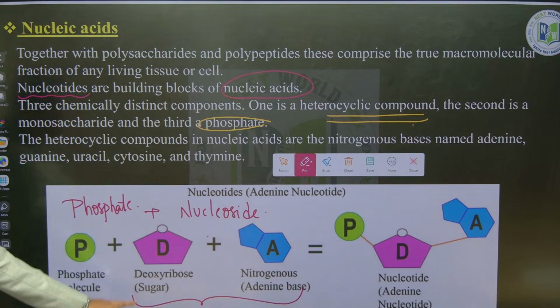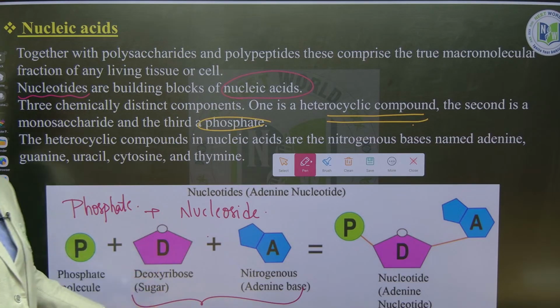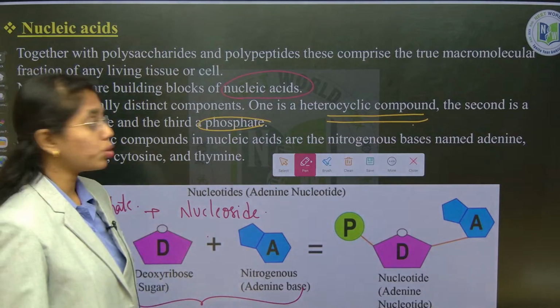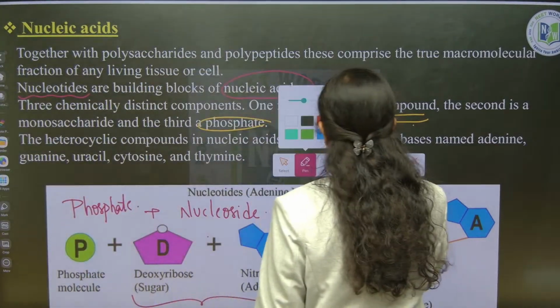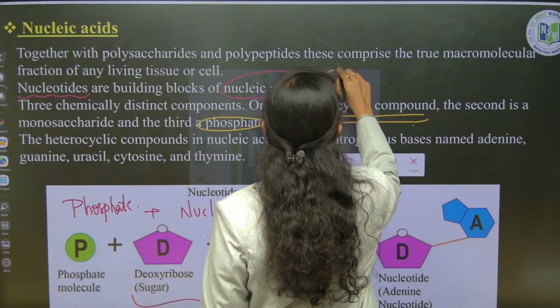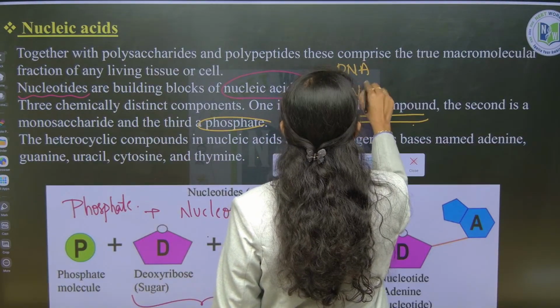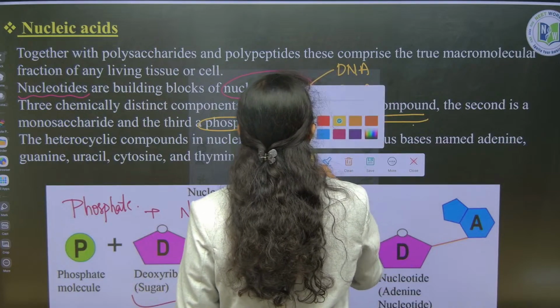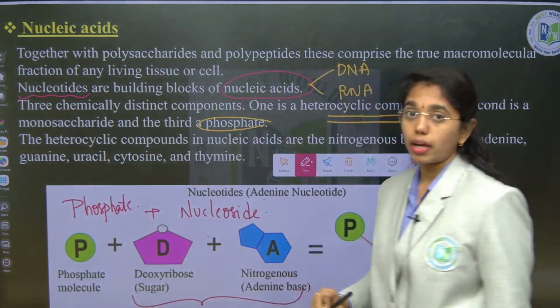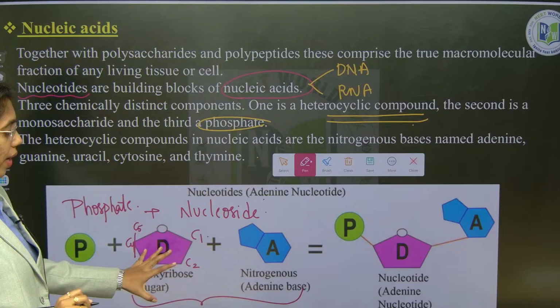So, you should know different types of sugars. Here deoxyribose is mentioned, but we have 2 types of pentose sugars based on the type of nucleic acid. It can be deoxyribonucleic acid or ribonucleic acid. Ribose sugar is a pentose with five carbons.